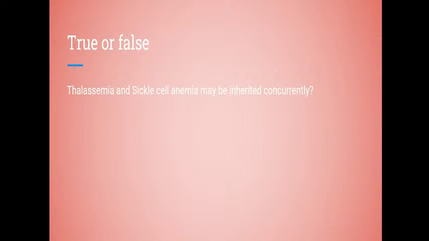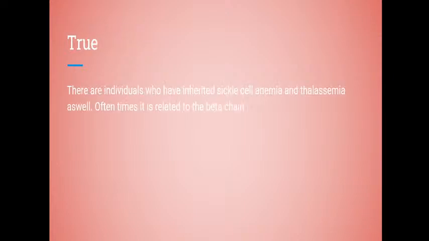It could come out as a statement form. There are individuals who have both. So the answer is true. Oftentimes they're related to the beta gene, more often than not. There are very rare cases. If you browse the book that Henry used, try opening it once in a while, you can see alpha A thalassemia.